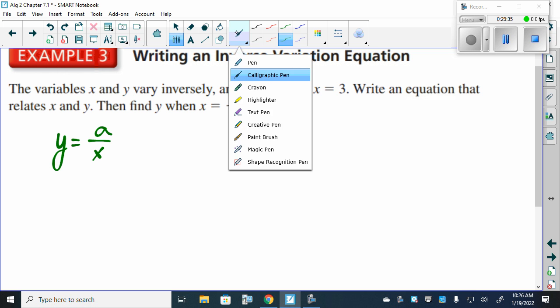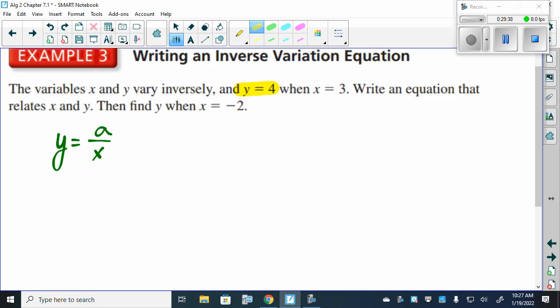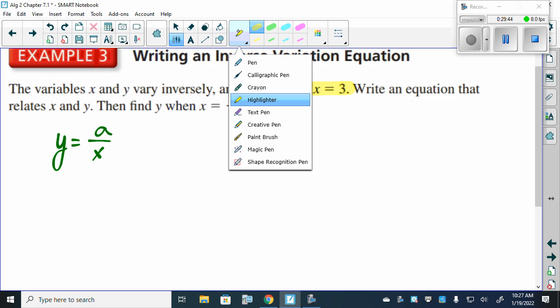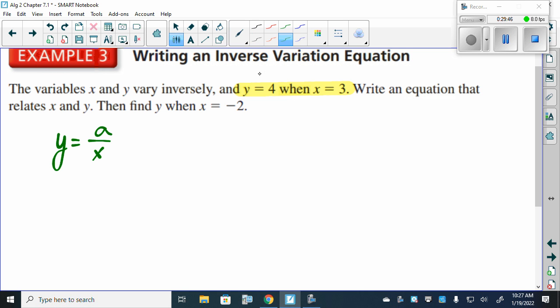Now, they did tell me earlier that y is equal to 4 when x is equal to 3. Well, for our equation here that we wrote down, we have y, x, and a, yes? So if y is 4 when x is 3, the only thing I'm missing is the a. And exactly, how did you get to 12?